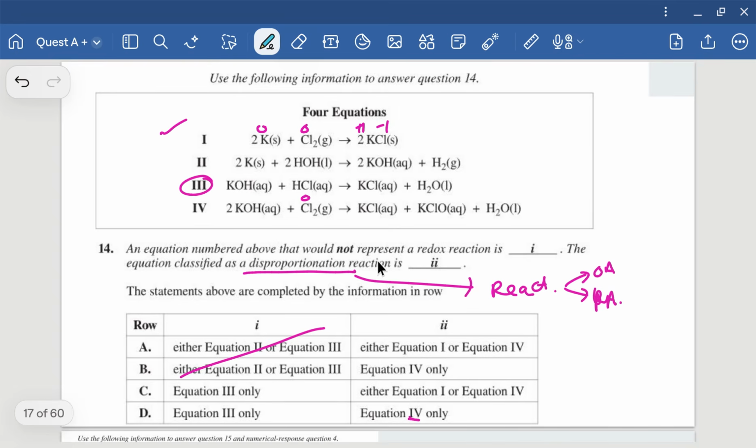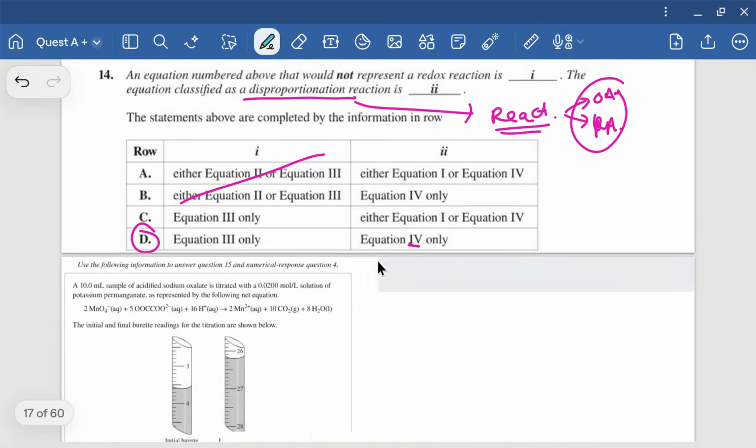Assigning oxidation numbers just for chlorine, we have -1 here, and within the KClO, it's going to be +1. So we have chlorine that's gaining electrons and losing electrons. If your reactant is doing both, that's showing disproportionation, and that's how you know.